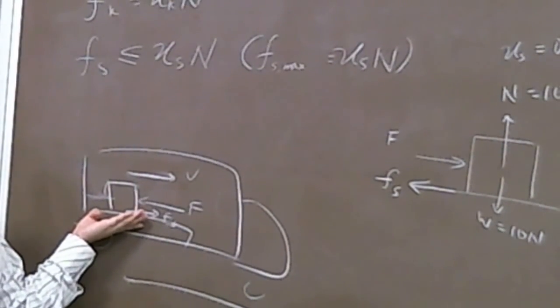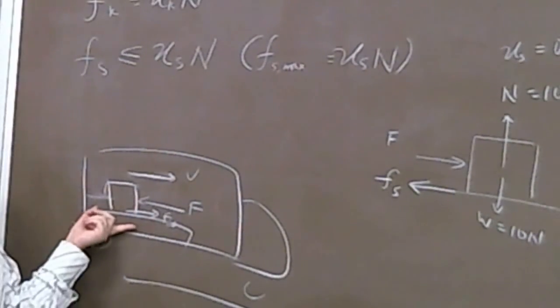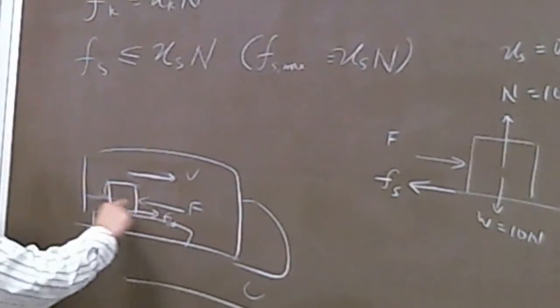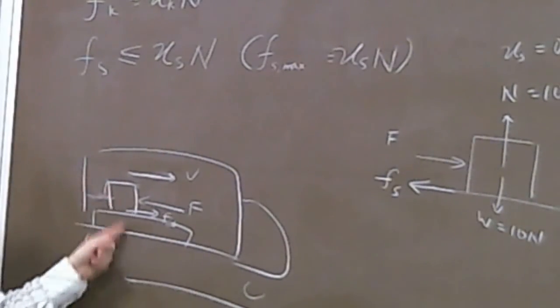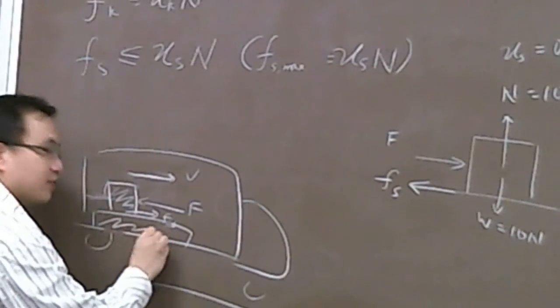The frictional force is completely determined by the motion of the box relative to its contact surface. Both the contact surface and the box are moving in the same direction, so there is no motion between this object and this surface.